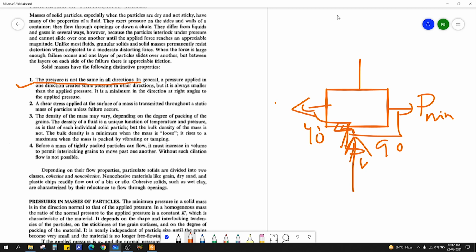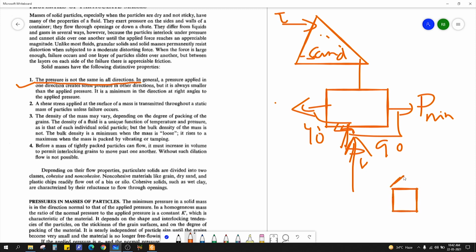Suppose there is a heap of solid particles, let's say a heap of sand, and you apply shear stress. You know normal stress. Normal stress is like, suppose you have an area here. If you apply force at 90 degrees to the surface, that is your normal stress.